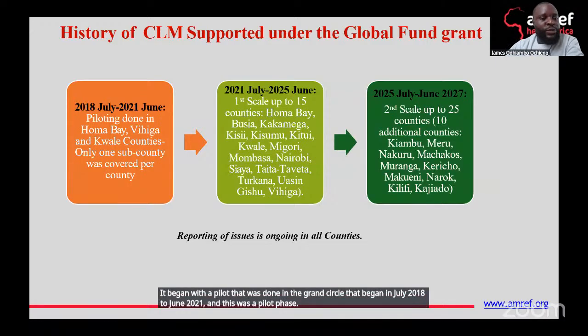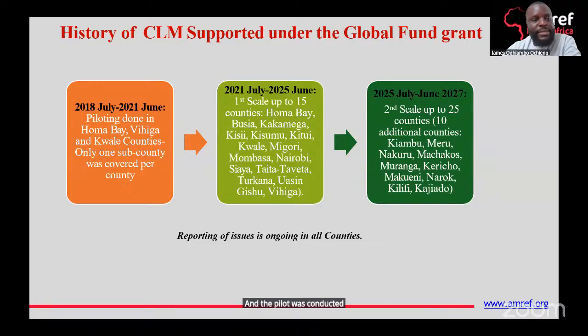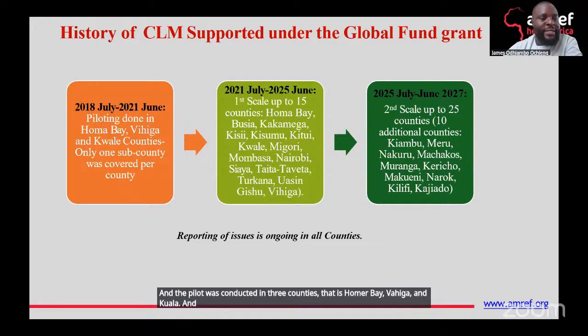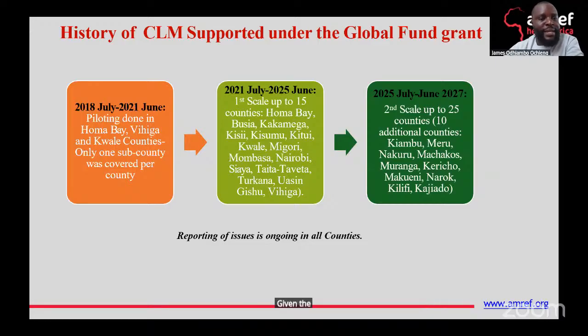The pilot was conducted in 3 counties, that is Homa Bay, Vihiga, and Kwale. And it is good to note that not the whole counties were covered with the pilot. We only chose 1 sub-county in each of the 3 counties. So given the outcomes that were realized during this piloting phase, it informed the scale up.